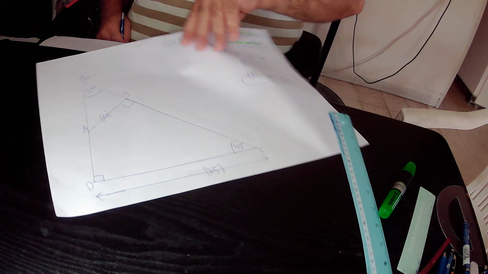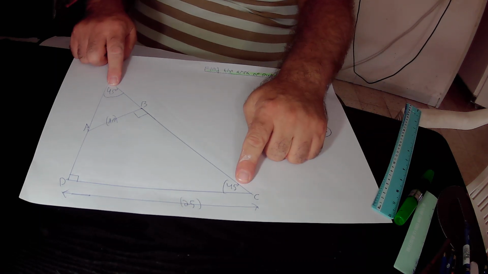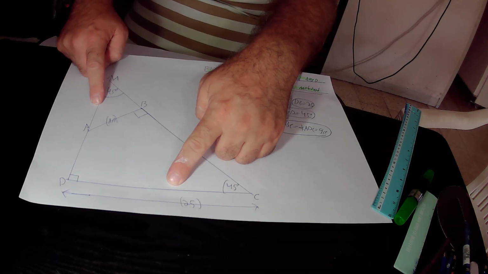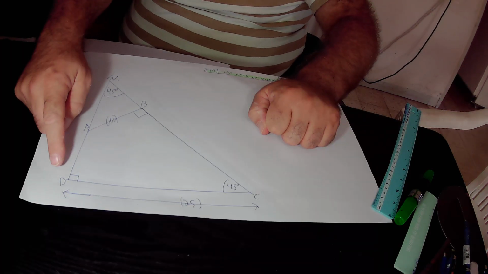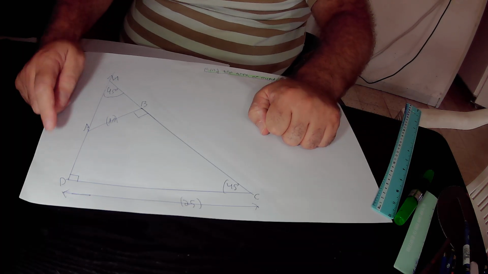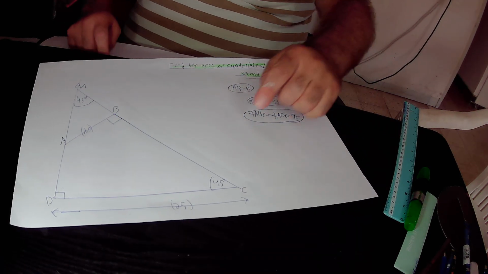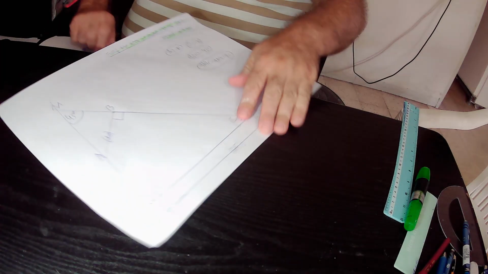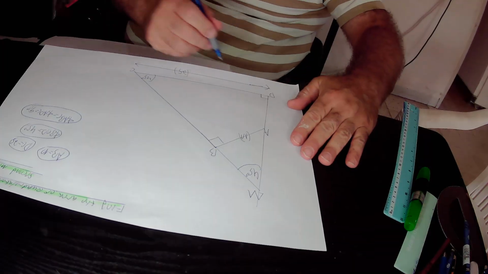In front of those two equal angles, we have two sides that must also be equal to each other in their lengths. But DC is 25, therefore MD must also be equal to 25 units in its length, according to the rule that in front of equal angles in triangles, there are equal sides.